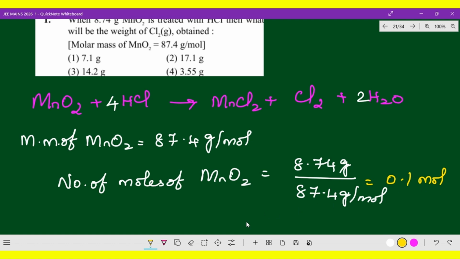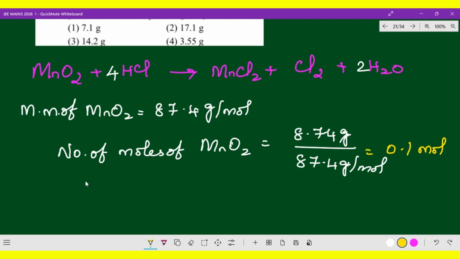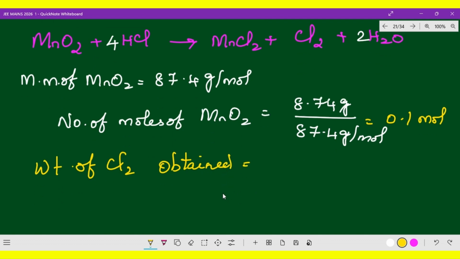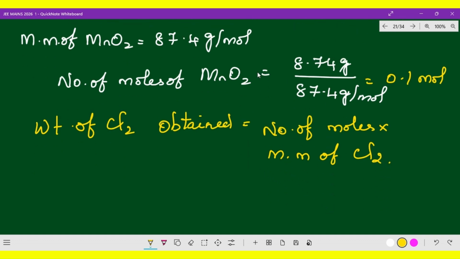Easy. Right, now how do we identify the weight of chlorine? Now, weight of chlorine Cl2 obtained is number of moles into molar mass of chlorine Cl2. Here the number of moles of the reactant is used, because you are getting the product Cl2.